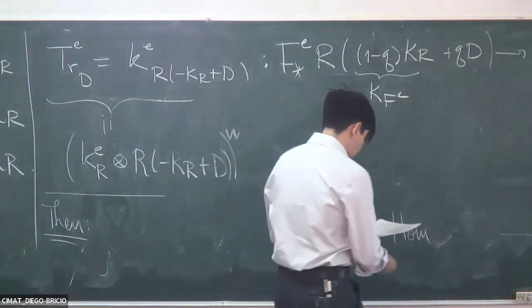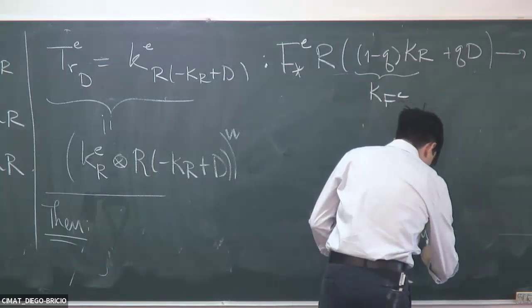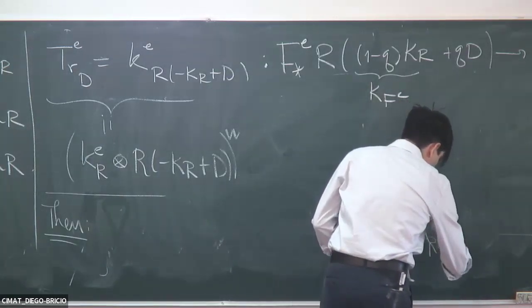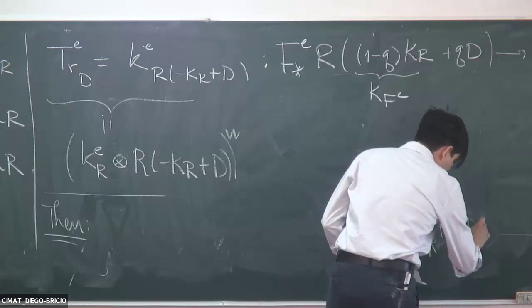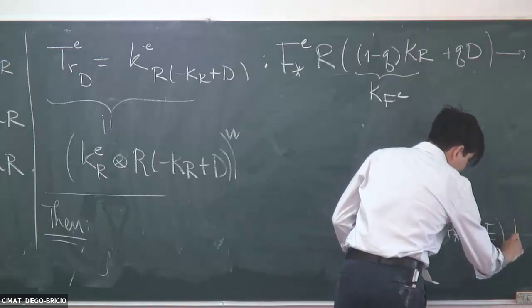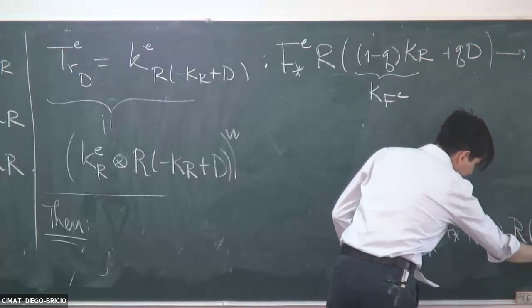So what are the Homs from Frobenius push forward RE to RD?